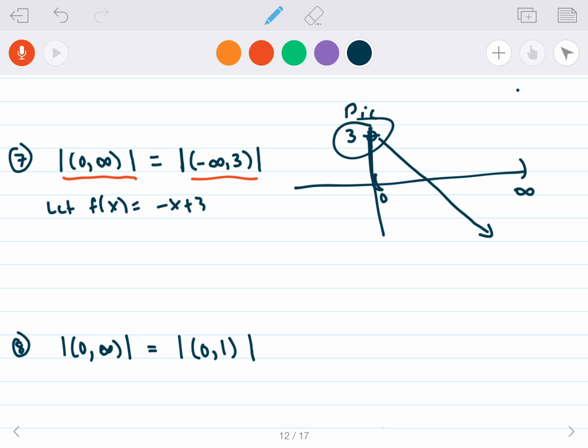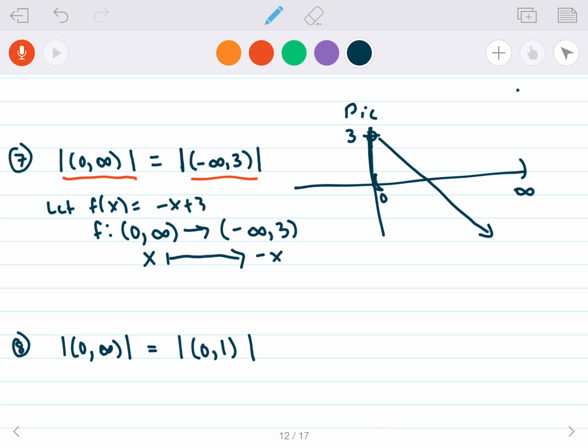I have my y-intercept at 3. So we're going from a domain of 0 to infinity to a range of negative infinity to 3, and I'm going to send something in my domain to something in my range via this map. Now, easy exercise: show injective and surjective.